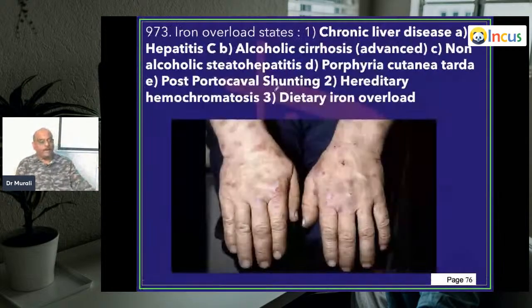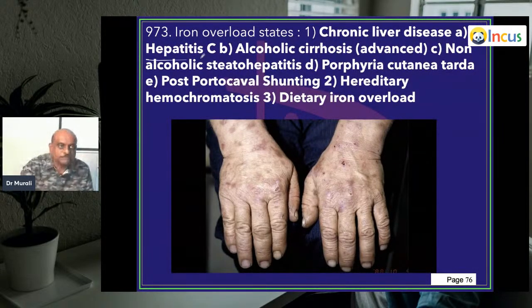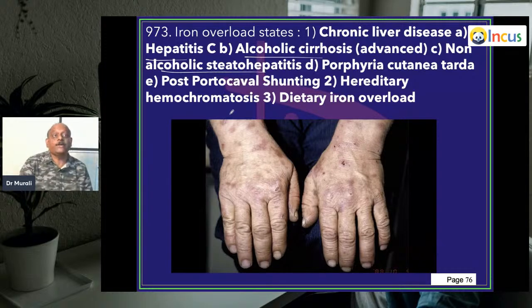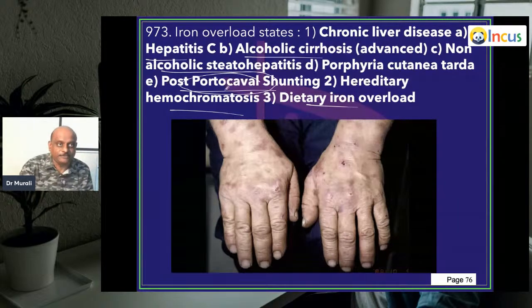Then iron overload states also include chronic liver disease, hepatitis C, advanced alcoholic cirrhosis, alcoholic steatohepatitis, then porphyria cutanea tarda, hereditary hemochromatosis, dietary iron overload, portocaval shunting.